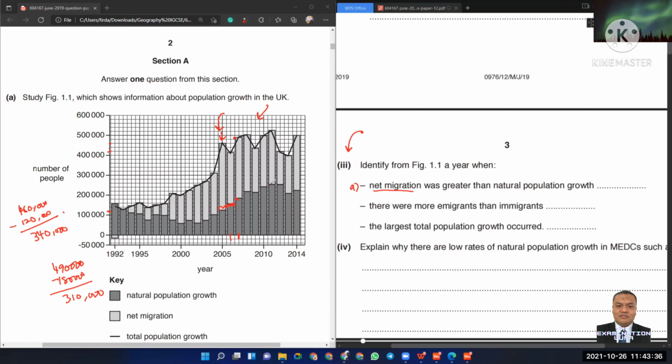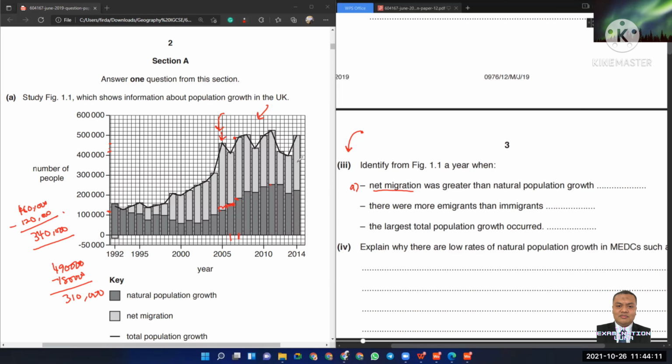So 2010 kita tengok dia punya natural population growth-nya adalah somewhere around 260,000, and then after that you have around 530,000 total population. 530 minus 260, you will get 270, which is a little bit lower. Okay, jadi still dekat sini tahun 2005 adalah tahun yang paling tinggi sebab dia ada 340,000 of net migration.